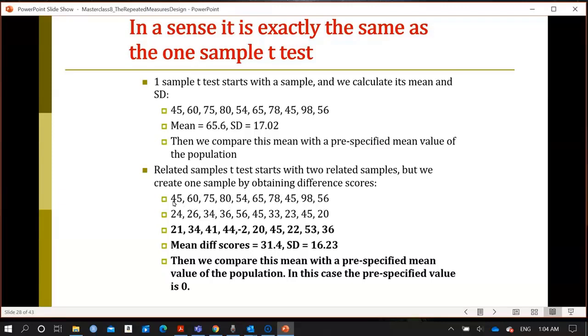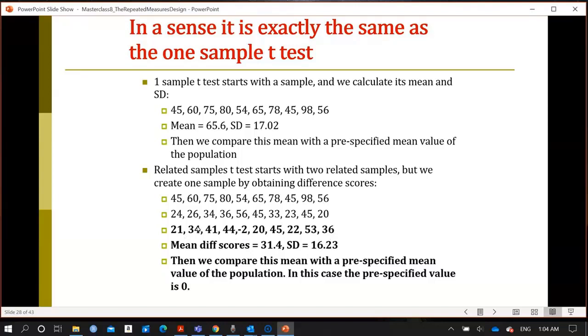So instead of calculating the mean of these scores and the mean of these scores, which we can do, and we provide the descriptive statistics of these values, mean and standard deviation of these two sets of scores, we obtain the difference between these two scores, and now we use this variable.